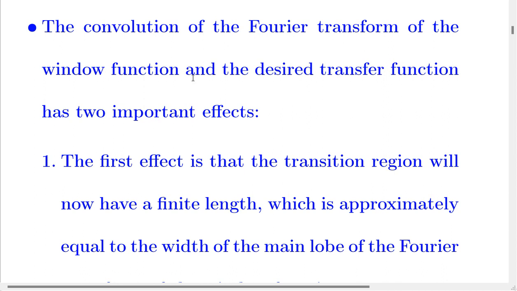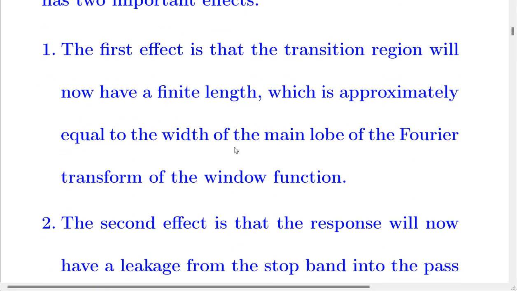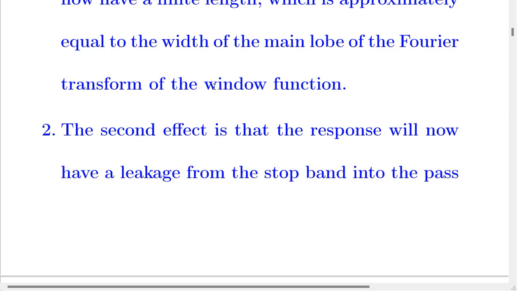Now, the convolution of the Fourier transform of the window function and the desired transfer function has two important effects. The first effect is that the transition region will now have a finite length, which is approximately equal to the width of the main lobe of the Fourier transform of the window function.